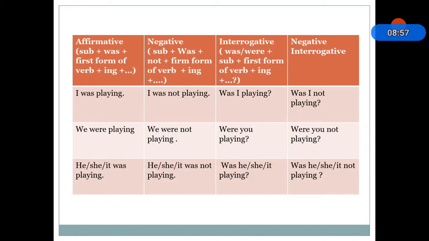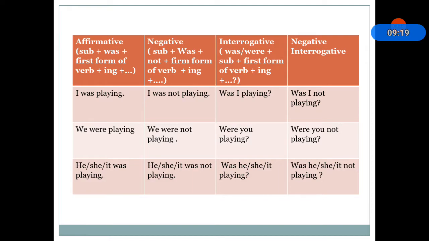Now let's see the different kinds of sentences and the use of this form of past tense and its rules. For affirmative, the rule is subject plus was plus first form of verb plus ing plus the object. Example, I was playing.